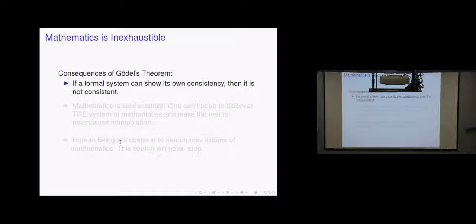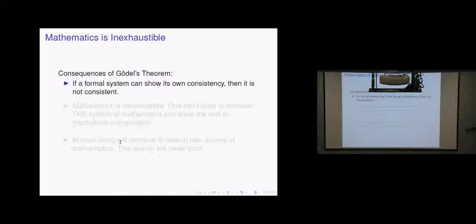One is, by Gödel's theorem, if a system claims it is consistent, if it can show its own consistency, actually it's cheating. It is inconsistent. Right? Because Gödel's theorem says that if it's reasonable, you cannot prove its own consistency. If this system is able to prove its own consistency, then it is cheating. This is an interesting consequence.